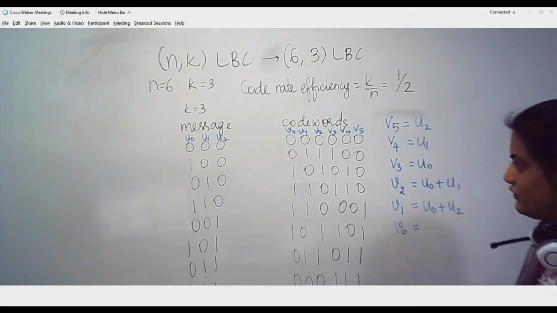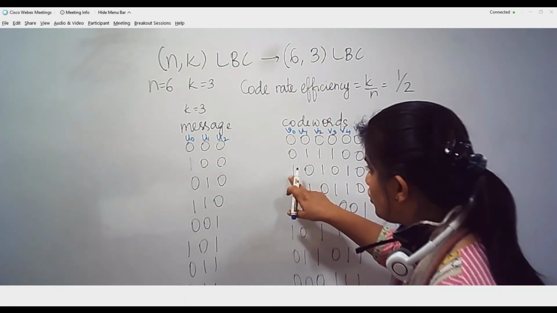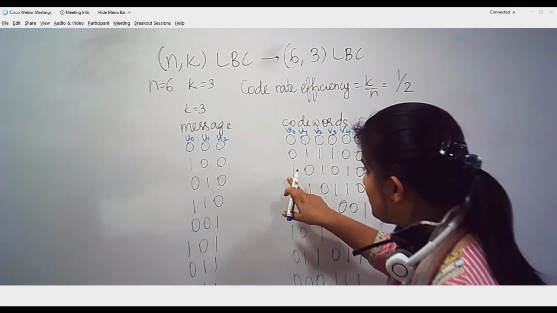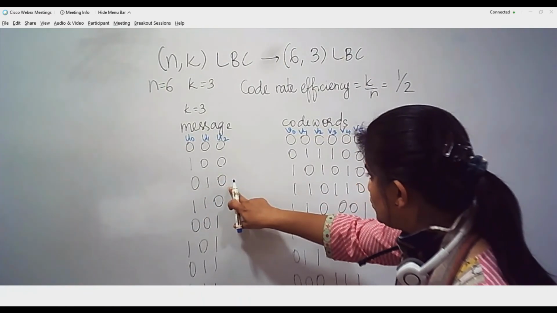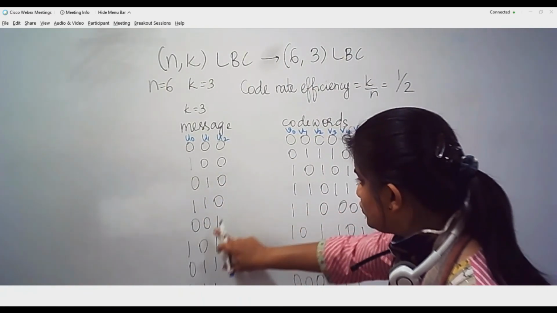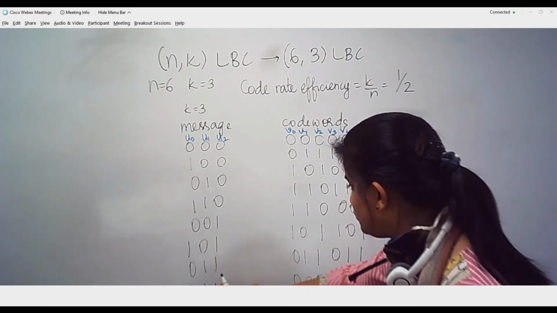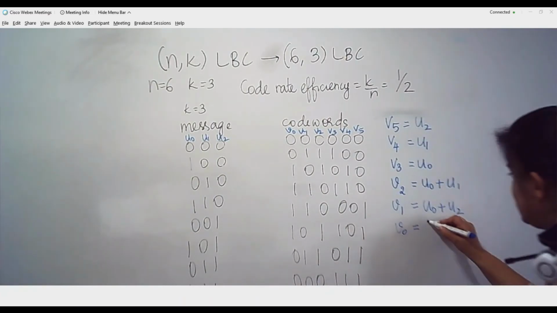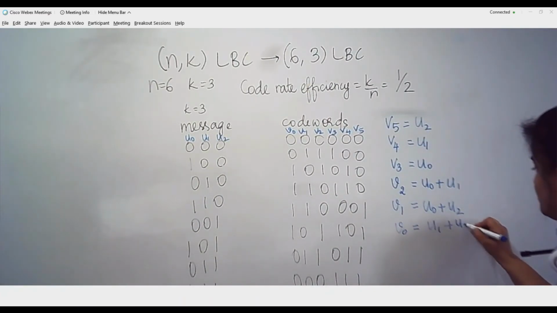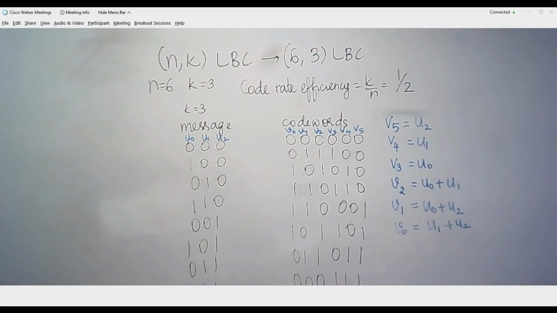Similarly, V0 we will see. I take a non-zero combination, so it ends up in a 1. I think it should be U1 plus U2, and here also U1 plus U2, all through. So it is U1 plus U2. So like this, we obtain the code word.